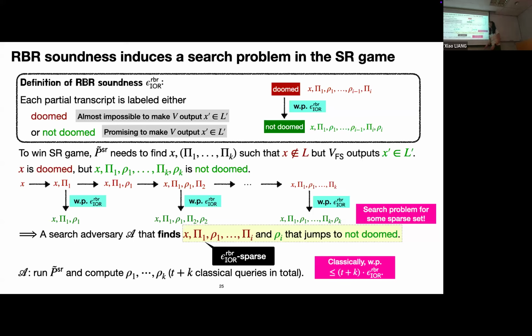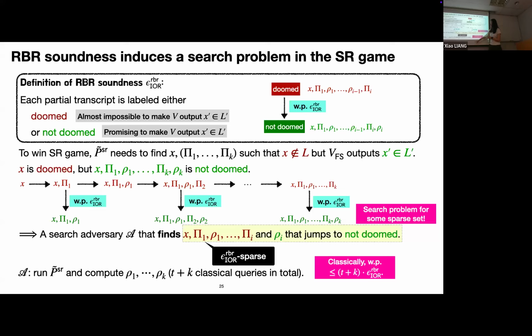So it still needs to compute all of row 1 to row k for the final thing that the state restoration prover outputs. But once you obtain row 1 to row k, how do you detect which row i is the row i you want? Yeah, so you still need to compute if each partial transcript is doomed or not doomed. Sorry, maybe this is confusing, because this is only about the query complexity of the adversary.